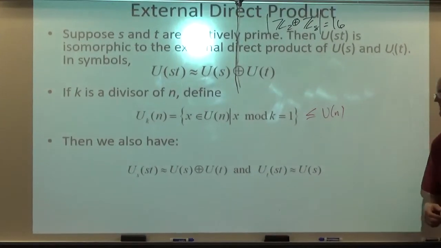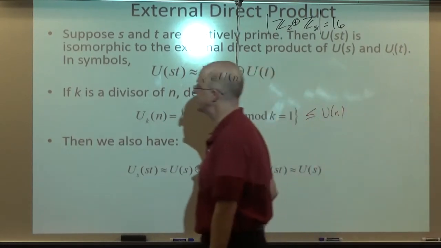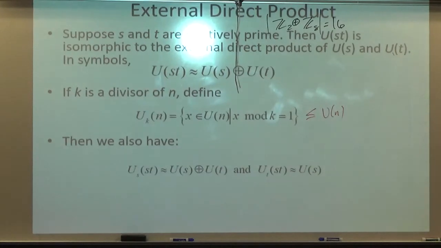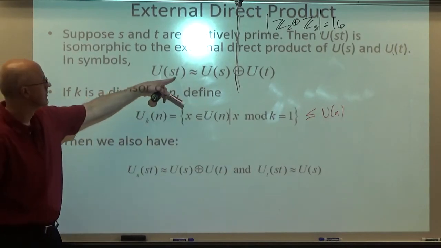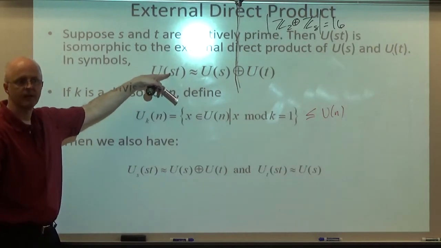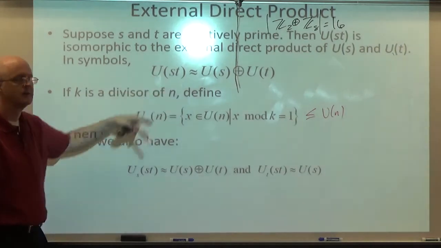Also have these isomorphisms. Okay? When combined with what I'm going to show you on the next slide, this can allow you to figure out the isomorphism class, you might say, of any U group. And by the way, this can be extended to a finite number of products of numbers in there that are relatively prime to each other as well.